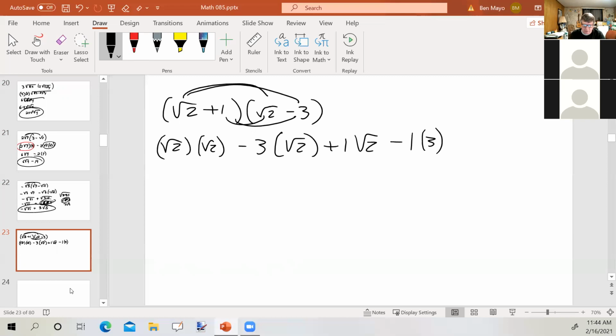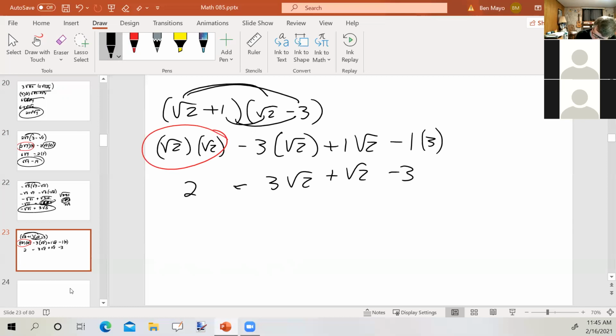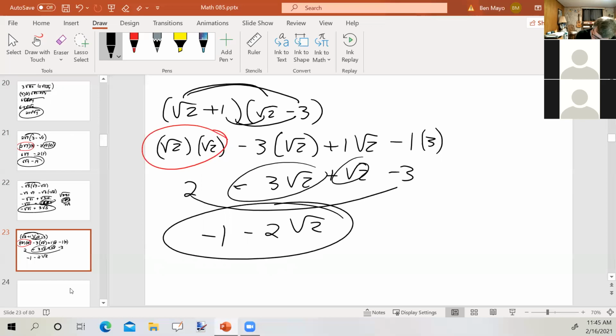Any question how I got those 4 products? Okay. The square root of 2 times the square root of 2 is 2 minus 3 square roots of 2 plus 1 square root of 2 minus 3. 2 minus 3 is negative 1, and then minus 3 of these plus 1 of these would be minus 2 square roots of 2. So negative 1 minus 2 square roots of 2.